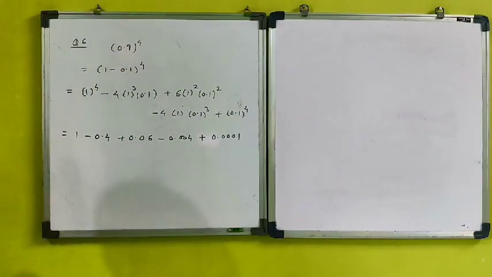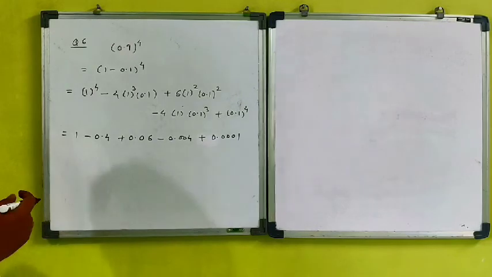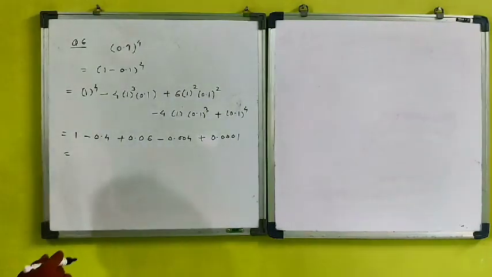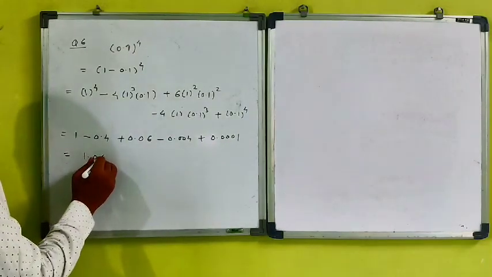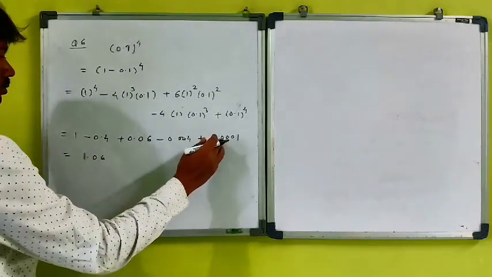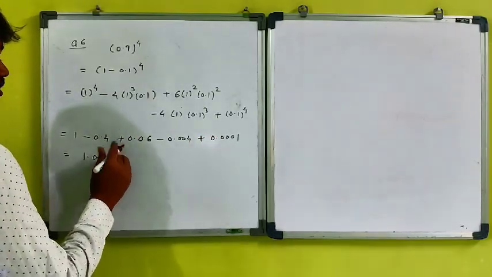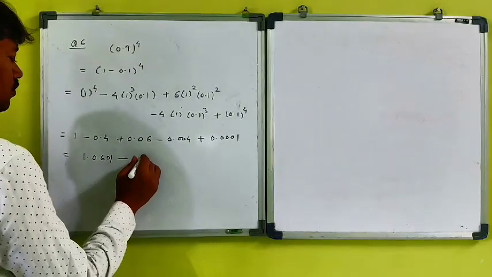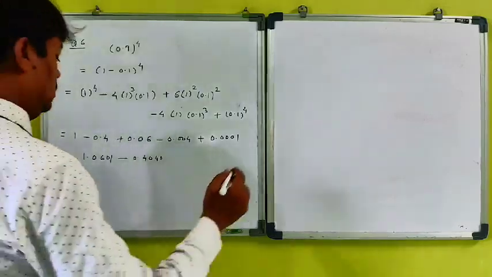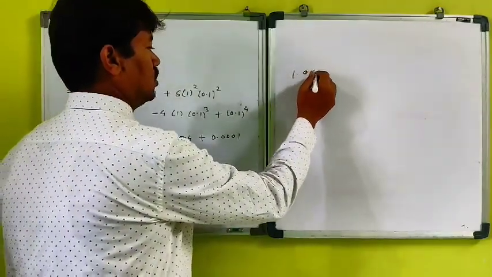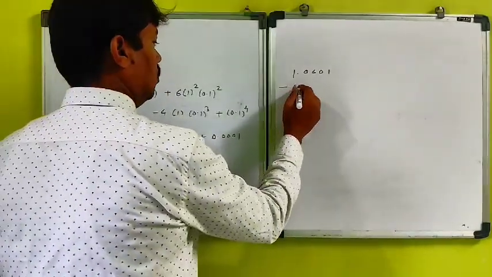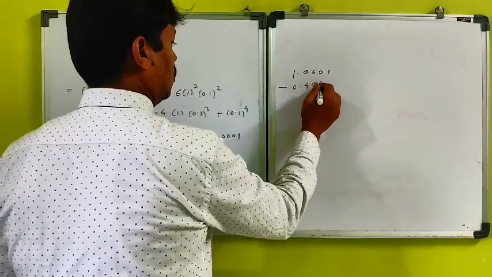So what is the value for this? I have to calculate. We have to add this: 1.06, 1.06, 0.1, and this is 0.404. So we can say this is 1.0601 minus 0.4040.